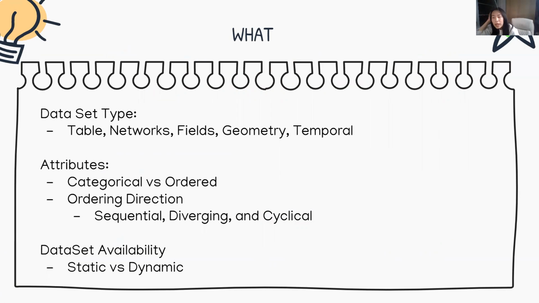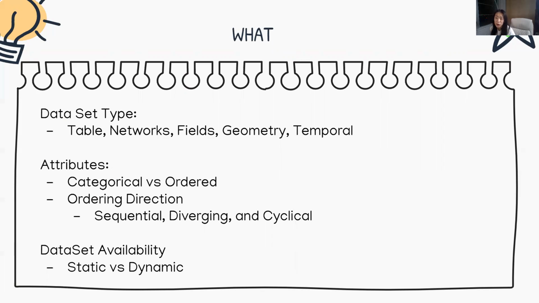So you could have tables, networks, fields, geometry, and temporal. The most common data set that users are going to get is tables, which are common rows and columns. If you're using datetime as your main attribute, that's going to be temporal. You want to look at what attributes you want to highlight in your data visualization.